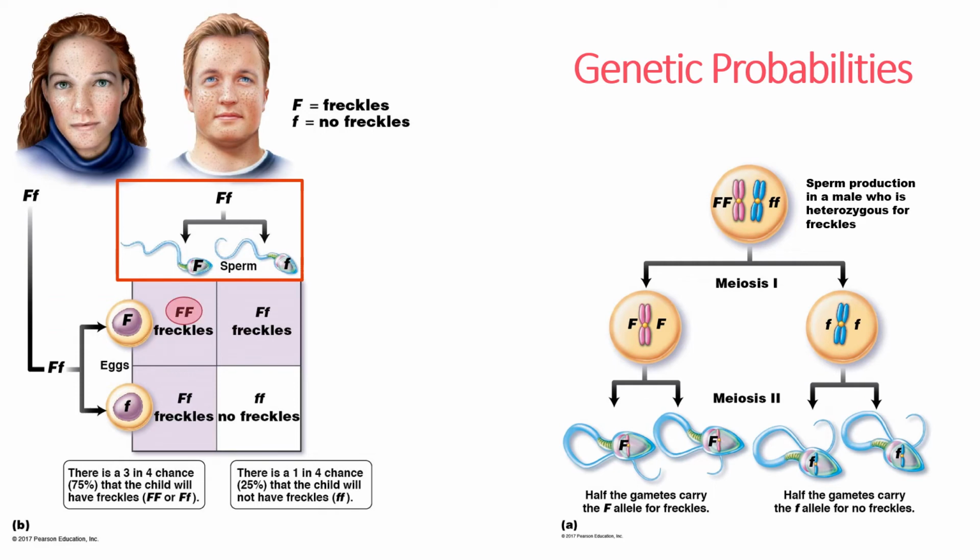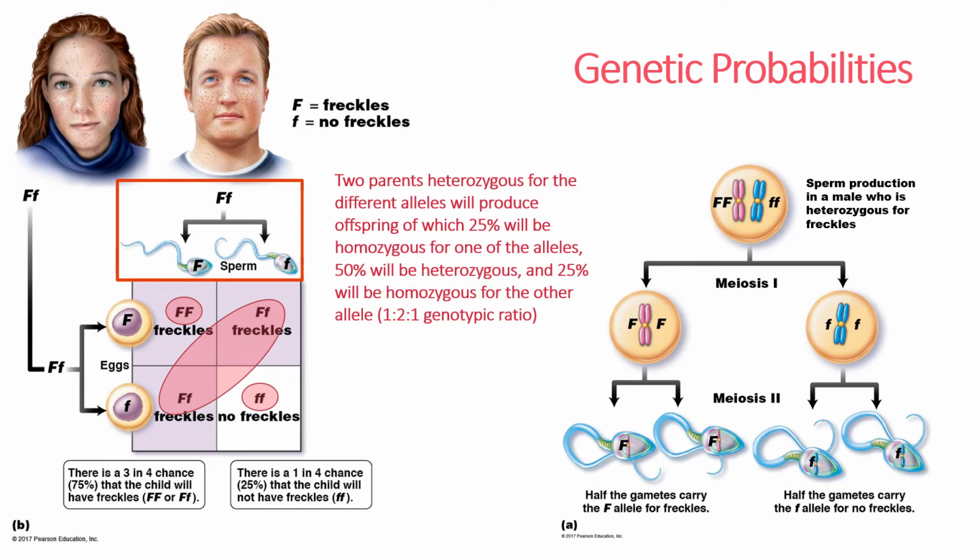1/4 of the offspring will be genotypically homozygous for the freckle allele. Half of the offspring will be genotypically heterozygous for the freckle allele, and 1/4 of the offspring will be genotypically homozygous for the not freckle allele.